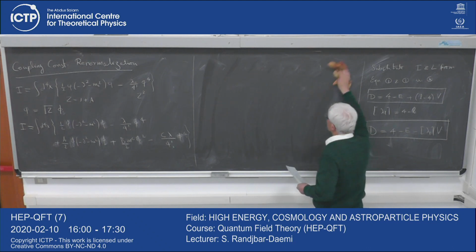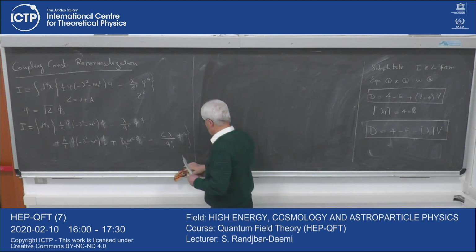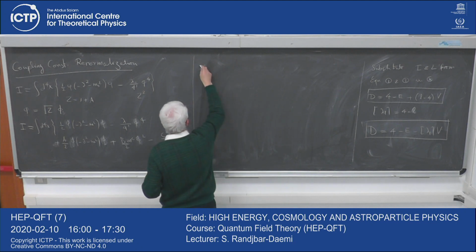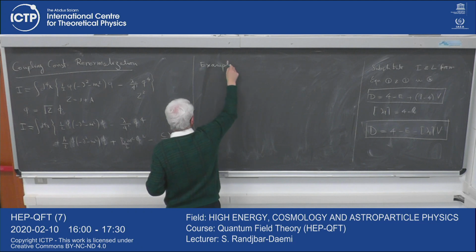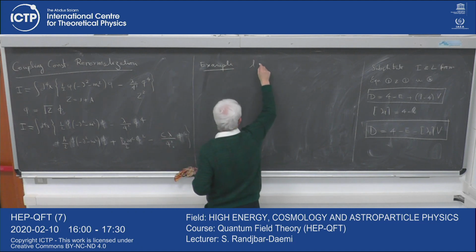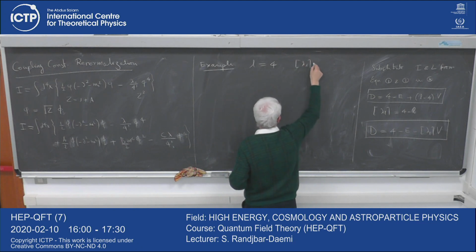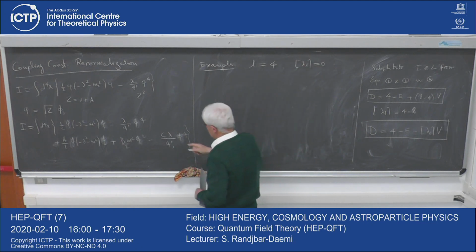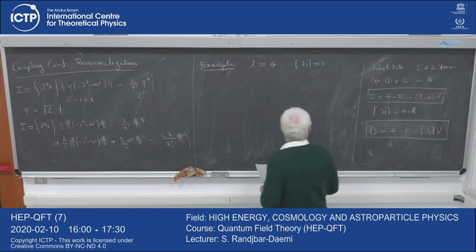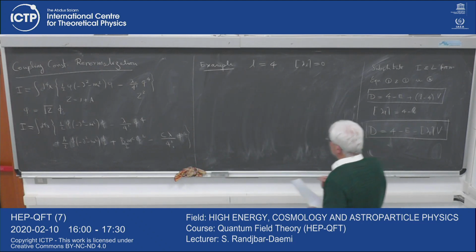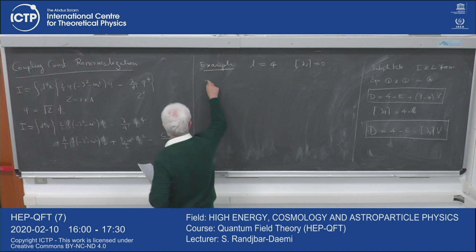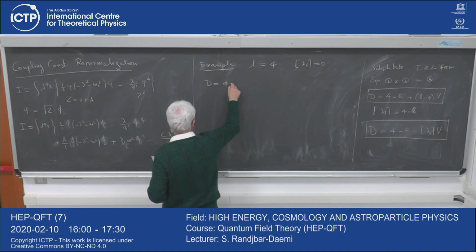This is the example: L equals to 4, lambda L equals to 0. That's this model here. And therefore D equals to 4 minus E.